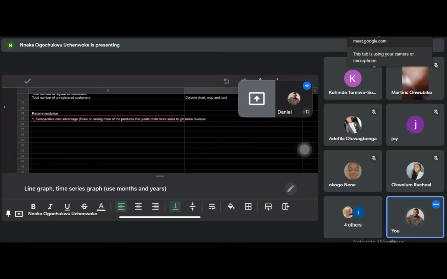Then registered and unregistered countries by customers, just the count of customers, right? For registered and non-registered, that one is pretty straightforward. But make sure you use consistent color formatting. If you're using gradients, use gradients throughout.